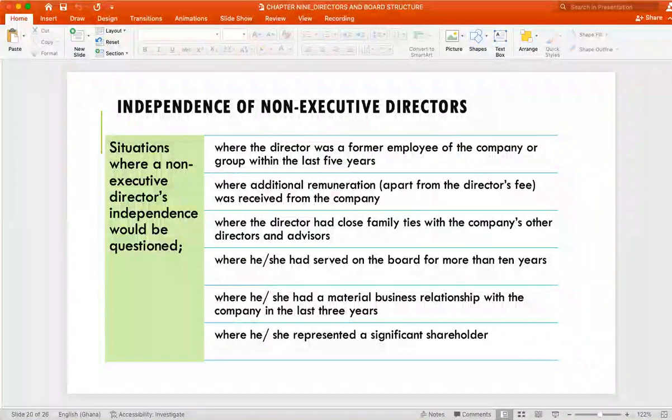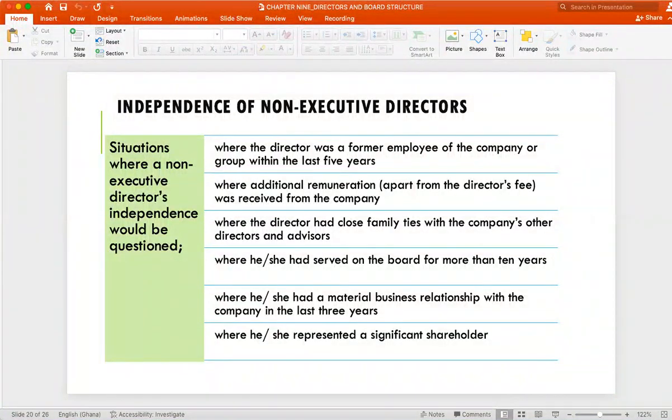So how independent should the non-executive directors be? Situations where non-executive director independence will be questioned. In order to ensure that the non-executive director is actually independent, we need to be looking at these variables. Where the director was a former employee of the company or group within the last 5 years.